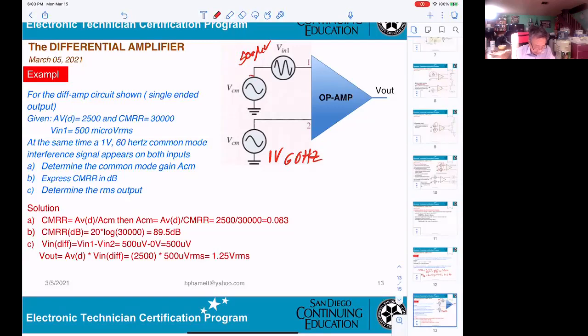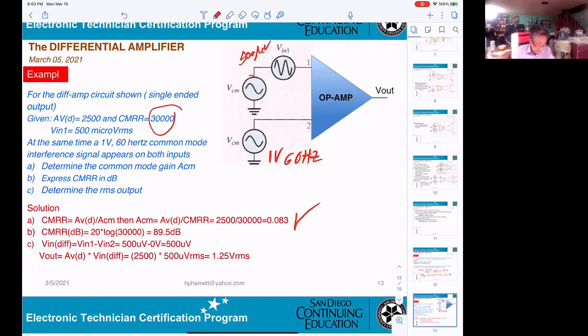That means from that formula, you already have the CMRR, so you're able to calculate ACM. ACM equals AVD divided by CMRR, and you get 0.083.